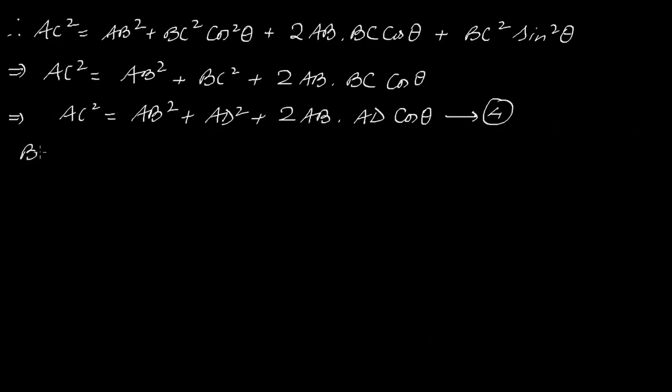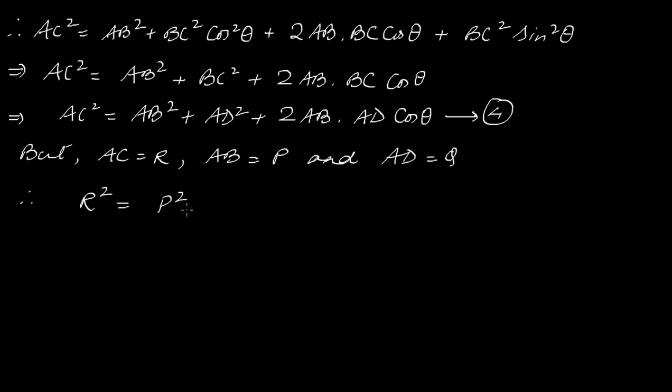Okay, but we know very well that AC is equal to R, AB is equal to P, and AD is equal to Q. So therefore you have R square is equal to P square plus Q square plus 2PQ cos theta.